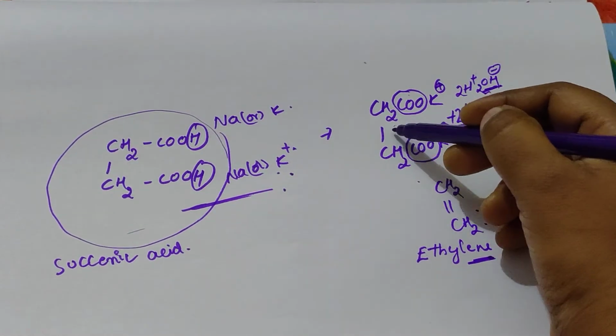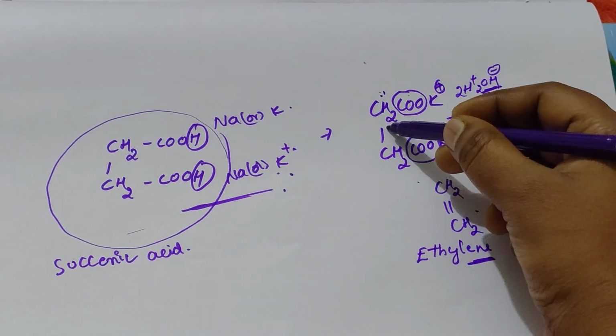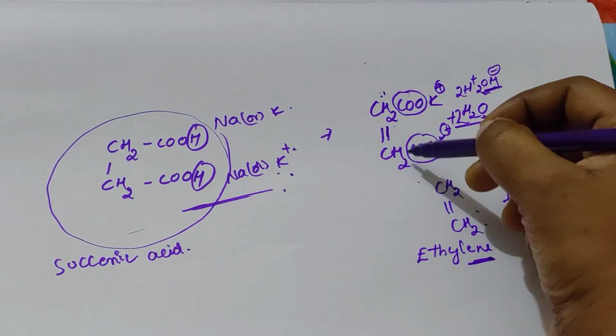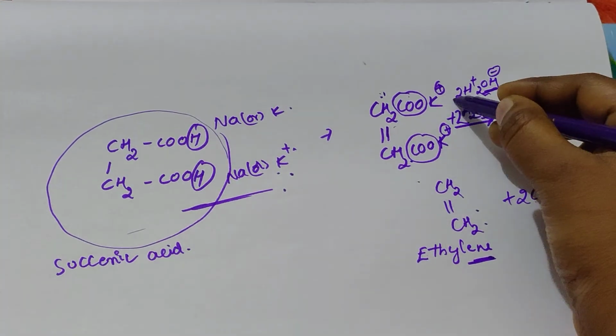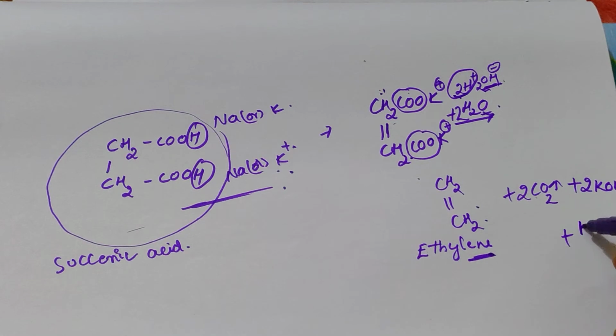A double bond is formed between CH2 and CH2, and the remaining 2 hydrogens, 2 protons, produce hydrogen gas at the cathode.